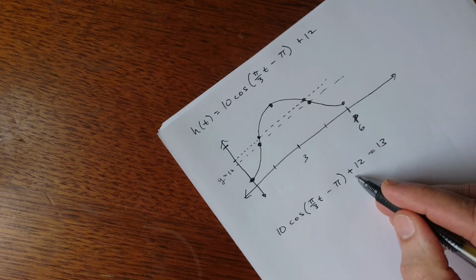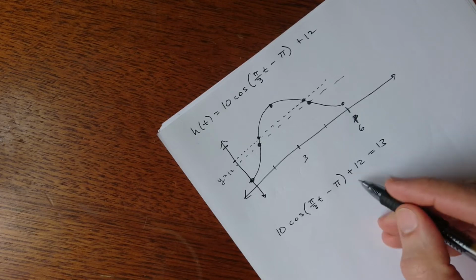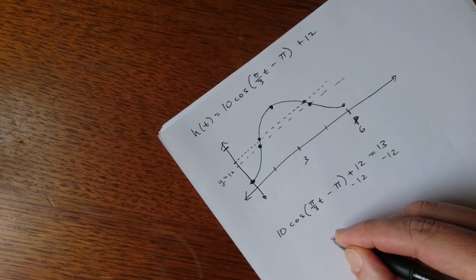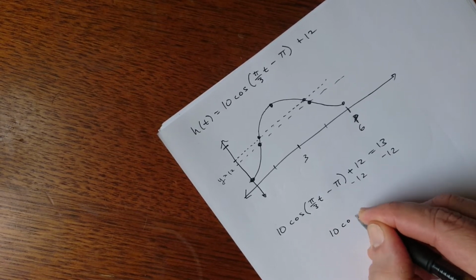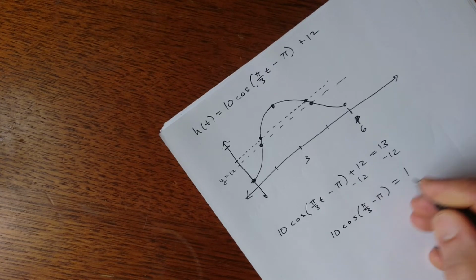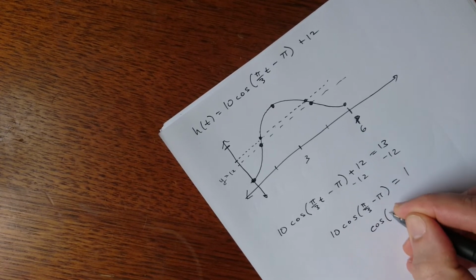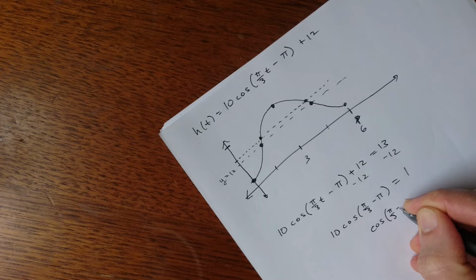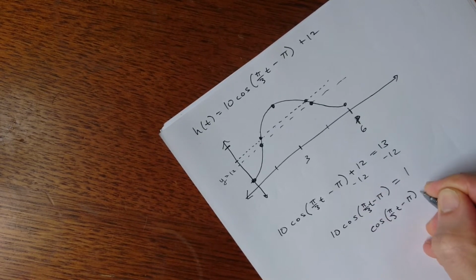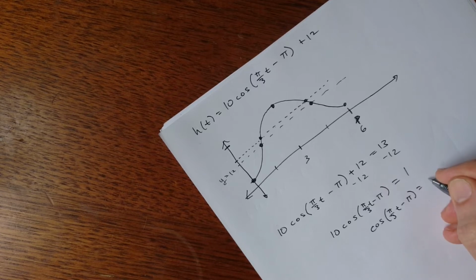So now we have an algebra problem to solve. So we get minus 12, minus 12. So I've got 10 cosine of pi over 3 t minus pi equals 1. Let's divide by 10. I get cosine of pi over 3 t minus pi equals 1/10.